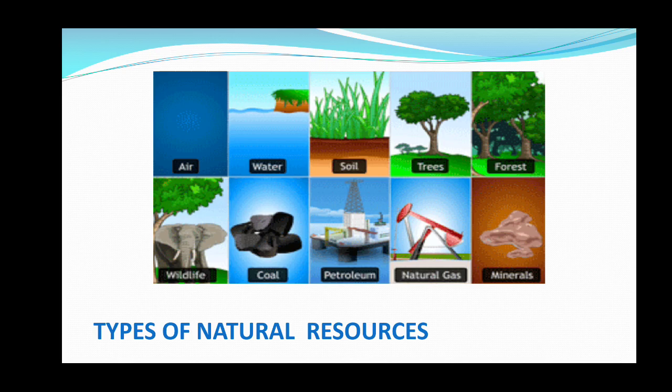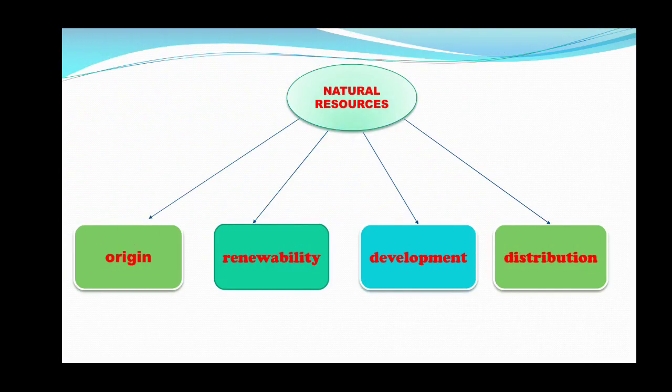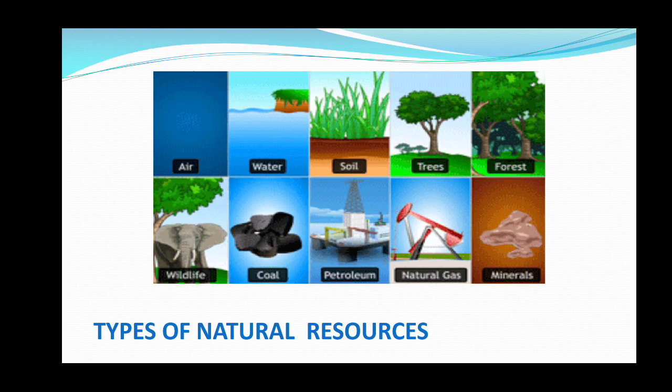Okay, now before we go to the types of natural resources, we should know first of all what a natural resource is. The object or substance which we get from the natural environment and is valuable to humans is called a natural resource. For example, air, water, soil, trees, forest, wildlife.